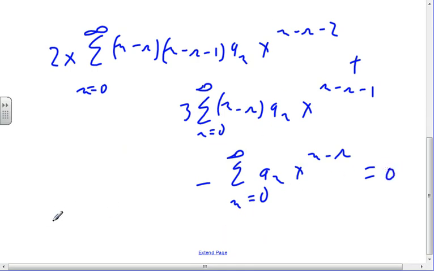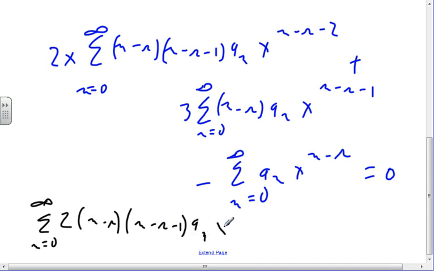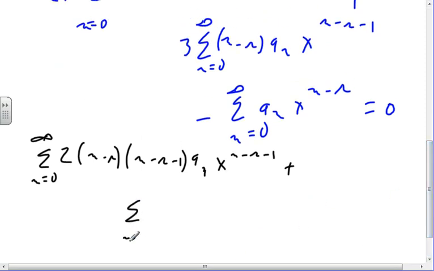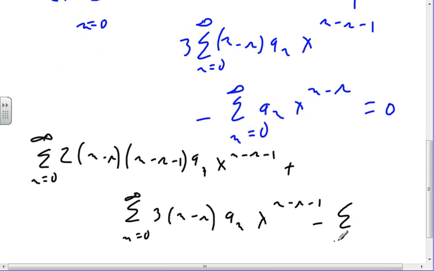Okay, I'm going to bring things in, so I got summation n equals 0 to infinity 2 n minus r, n minus r minus 1, a n x to the n minus r minus 1, plus summation n equals 0 to infinity 3 n minus r a n x to the n minus r minus 1, minus summation n equals 0 to infinity a n x to the n minus r is 0.